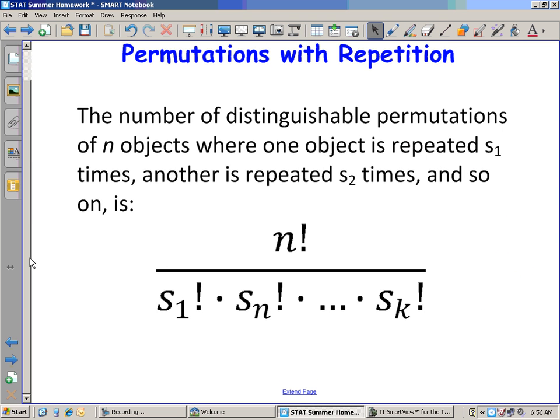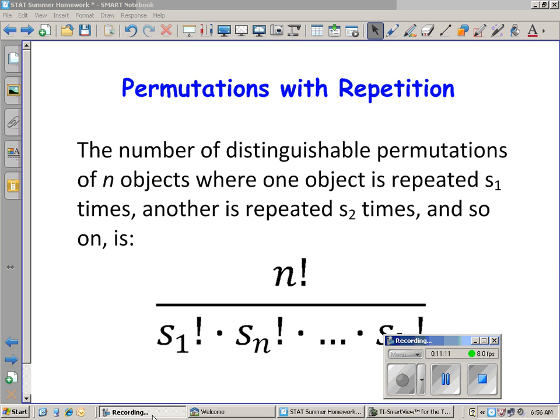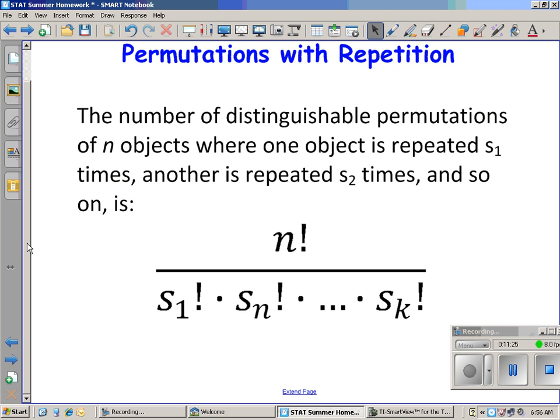Now, the number of distinguishable permutations of n objects where one object is repeated s1 times, another is repeated s sub 2 times, and so on. I'll show you an example in a second, but this is the formula that we're going to use.